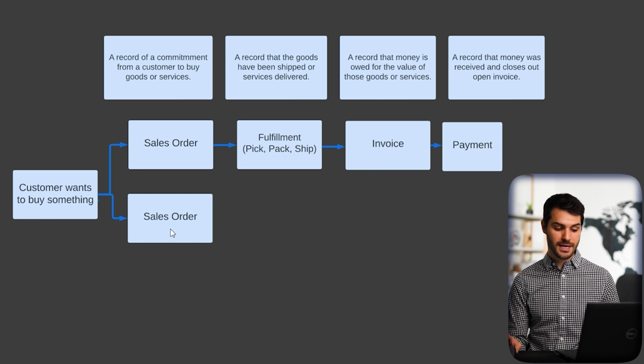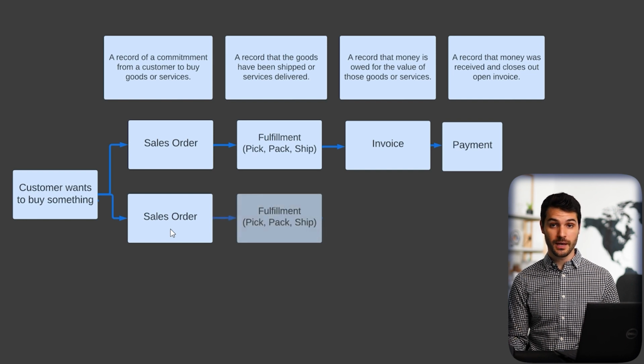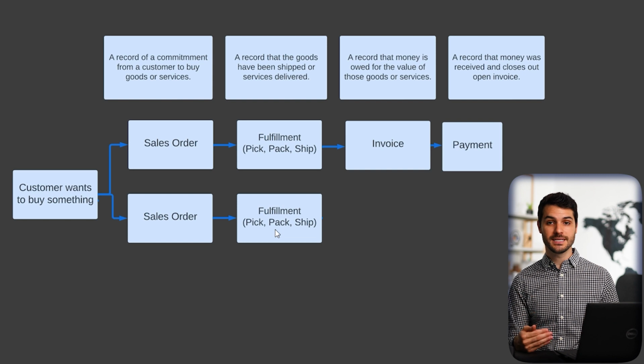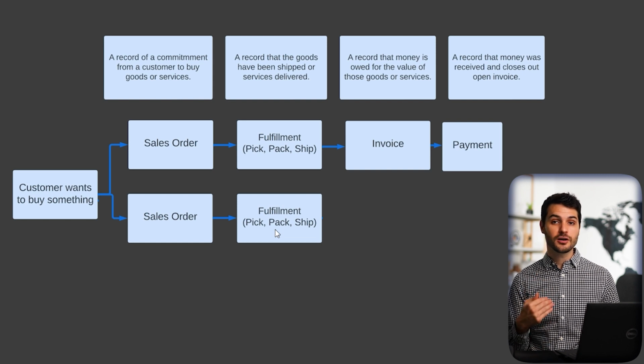So a sales order is made, then it goes over to fulfillment. Same cycle, right? It goes through, reams off the shelves, shipped out to ABC Company. However, at this point, no invoice needs to be sent because credit card information was already given to the sales rep. We've already authorized their card. We don't need to send them an invoice telling them to pay for something that they've already basically paid for.